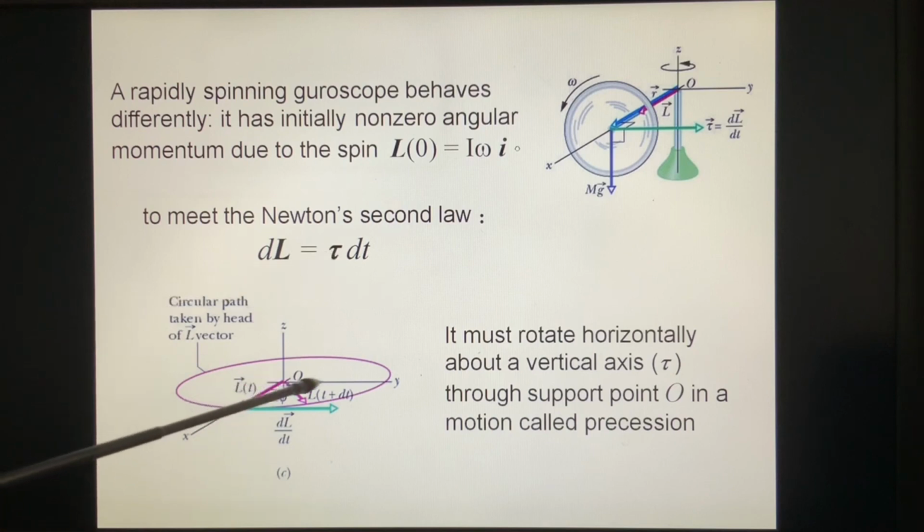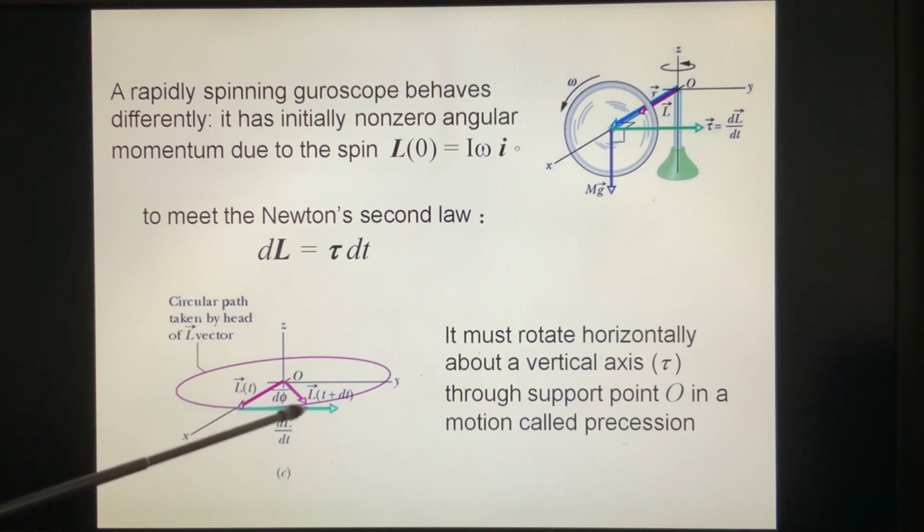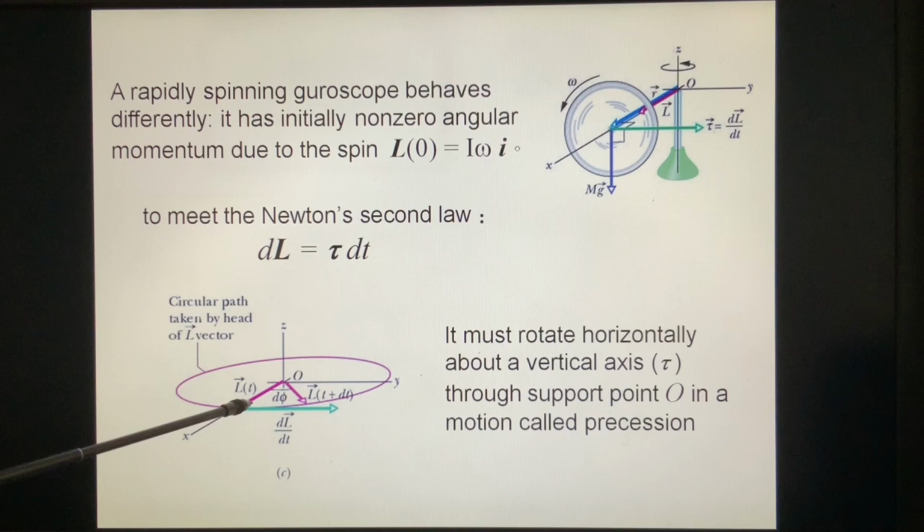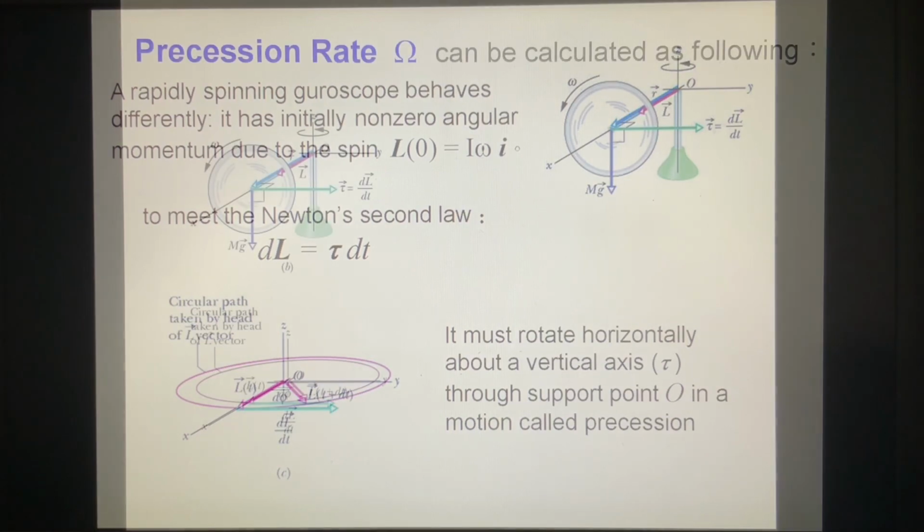And if you look at the circle, the dL is tangent to the circle. Initially it is around the z-axis. So you have an original angular momentum along the x direction, and you apply a torque around the y direction, and you rotate along the z direction.